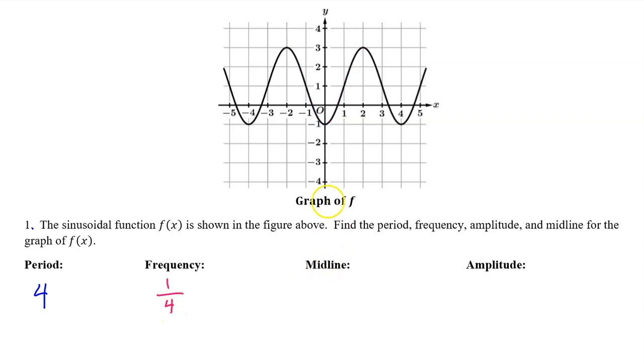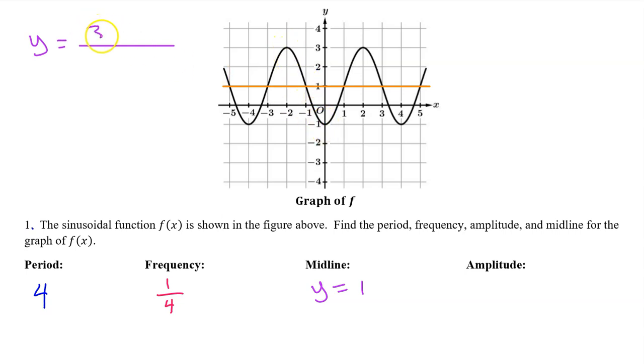The midline is the horizontal line halfway between the highest value and the lowest value. In this case, it's pretty easy to tell that the midline is y equals 1. A horizontal line is always y equals something, in this case y equals 1. You can also find the equation of the midline by taking the average of the highest value and the lowest value.